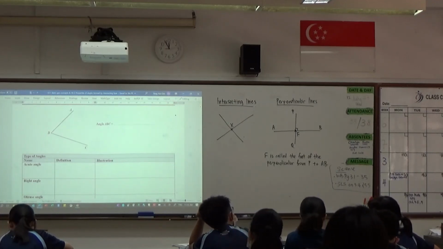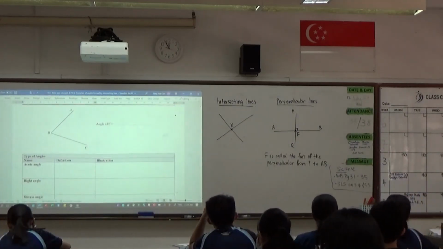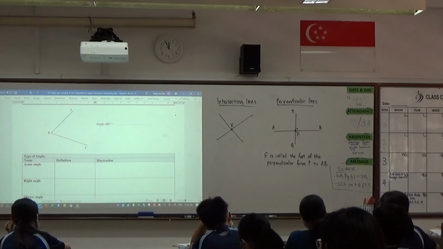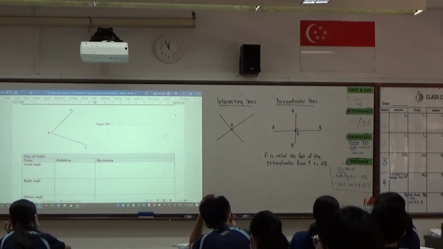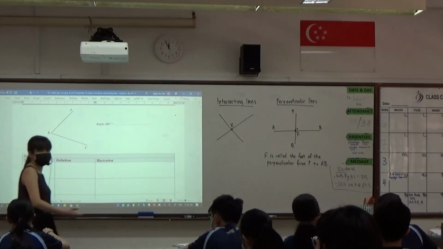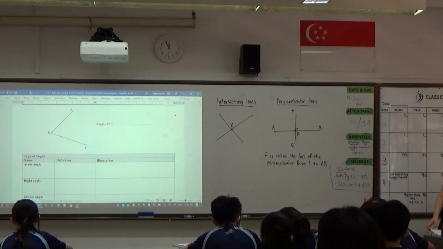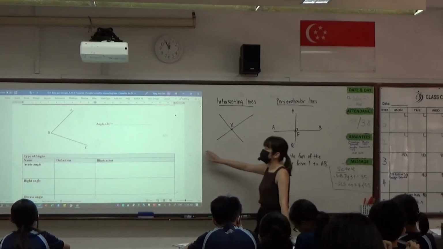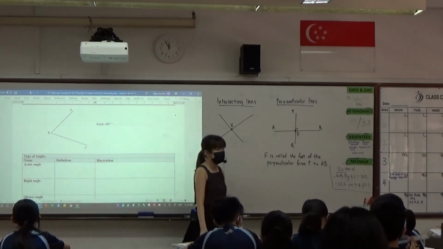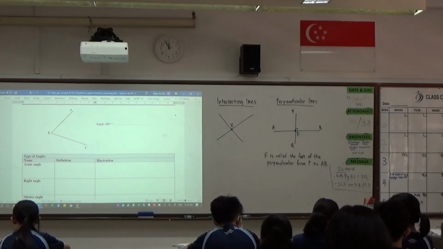I think that's fine. 65 is fine, 63 is okay, 64 is fine. Anybody getting something even more different? 66, 67? I hope not. Great that we know how to use our protractor. We will need to use it more in our next chapter probably.